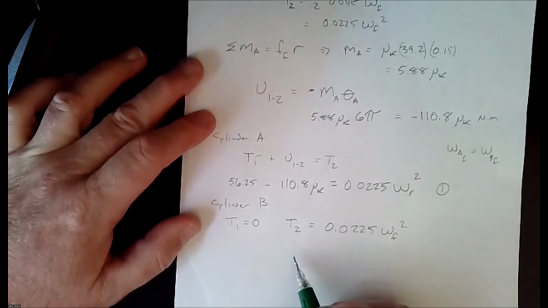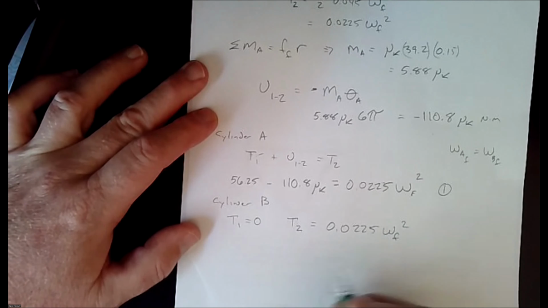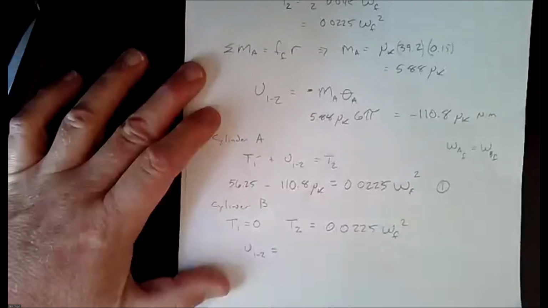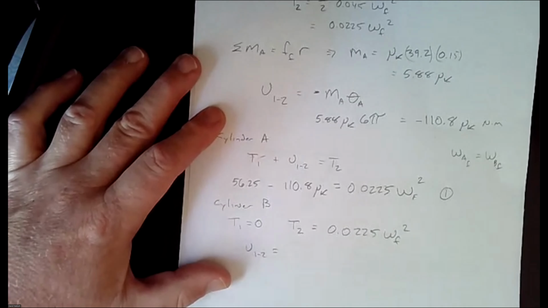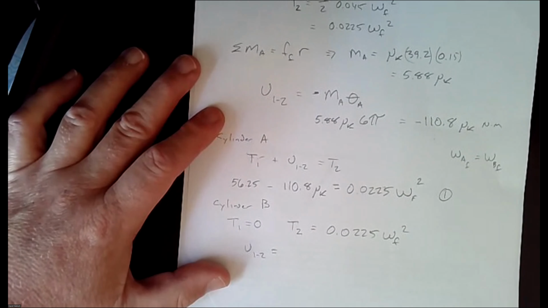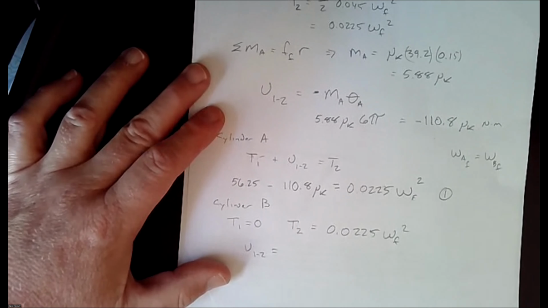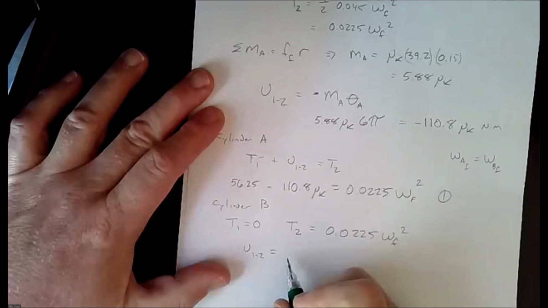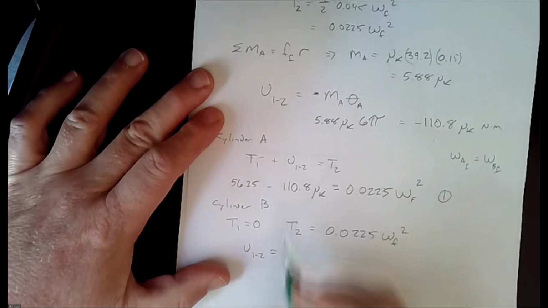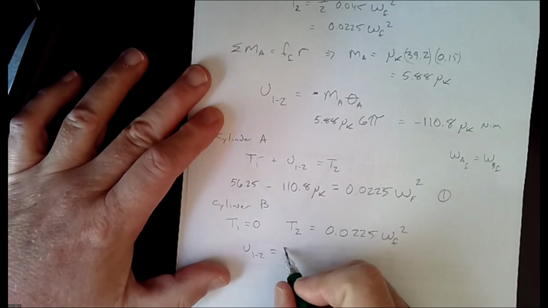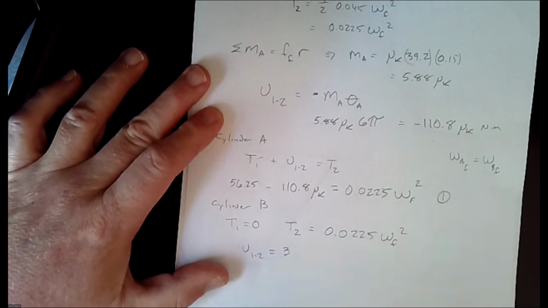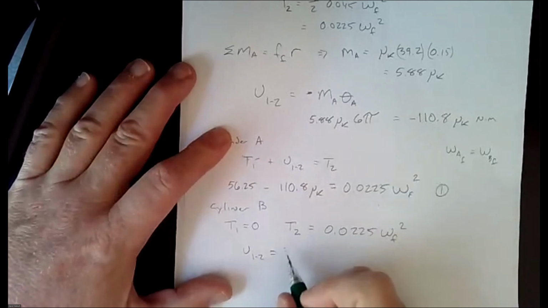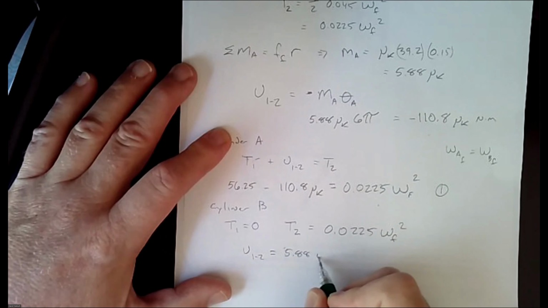So what you'll end up with in this case is your U1 to 2 is going to give you the same thing. It's going to be 5.88 mu k, right?